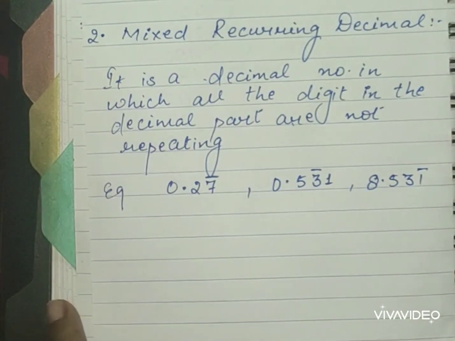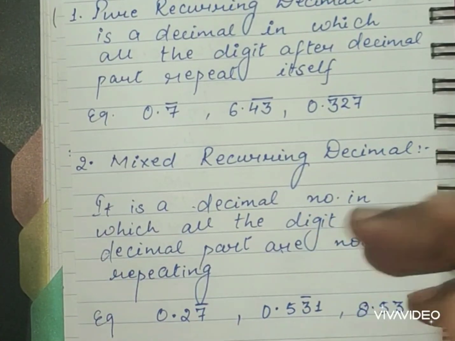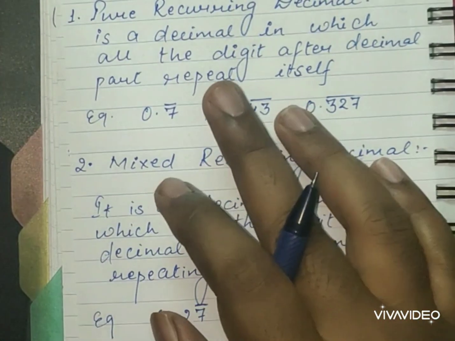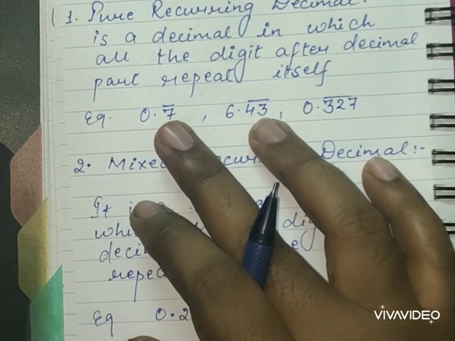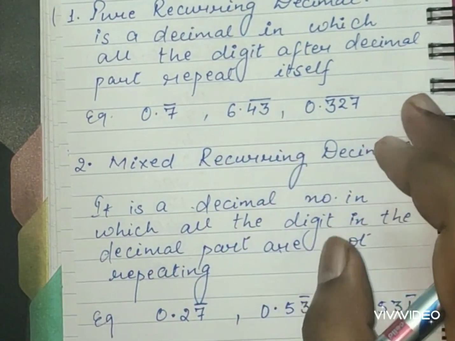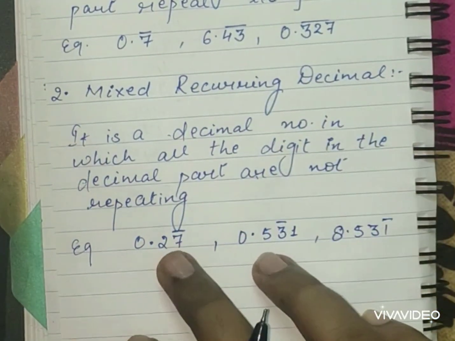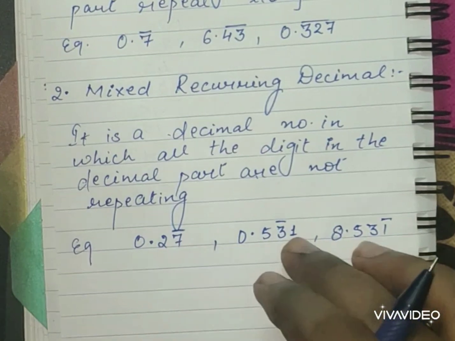So I hope you have understood what is pure recurring decimal and mixed recurring decimal. Pure recurring decimal means all the digits after the decimal repeat itself, as you can see in the example, and in a mixed one all the digits are not repeating itself.